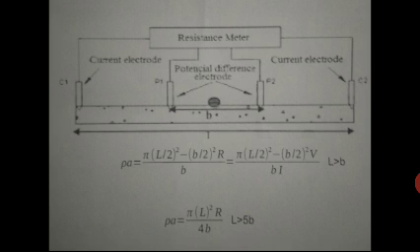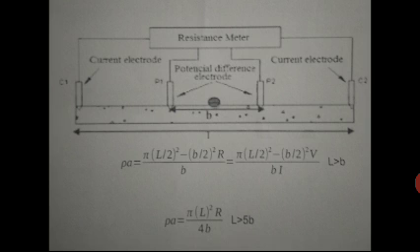The apparent resistivity measured in the Schlumberger configuration is given by the formula you can see on the screen, and the arrangement is shown in the figure. Inner potential electrodes P1 and P2 and outside C1 and C2, which are current electrodes.